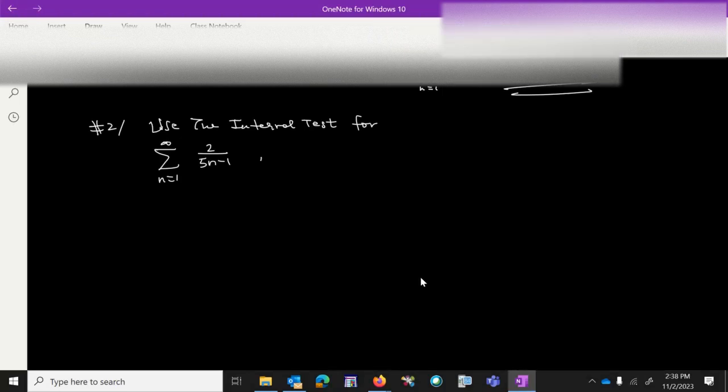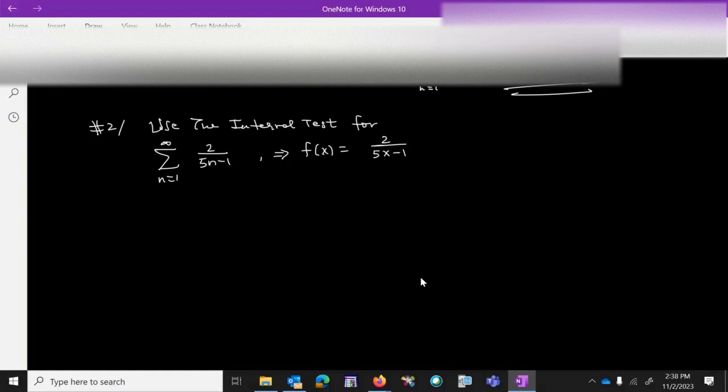Now, using the same fashion, first we consider that this is continuous, positive, and decreasing. The three criteria: continuous, decreasing, and positive. Now, I have to change this into f of x. So f of x is equal to 2 over 5x minus 1. When I change to f of x, all I have to do is convert the n into x.